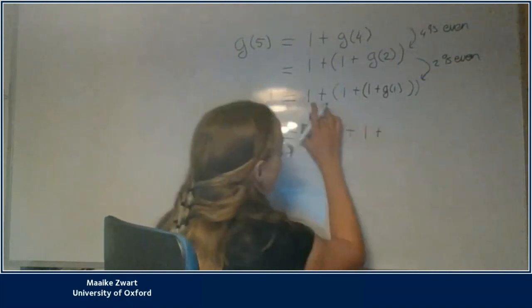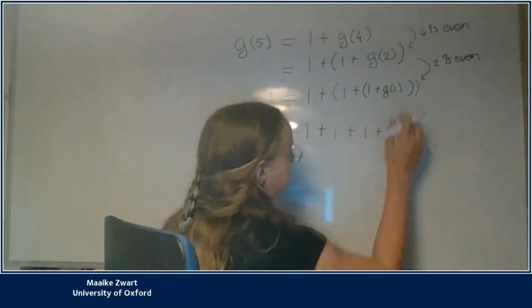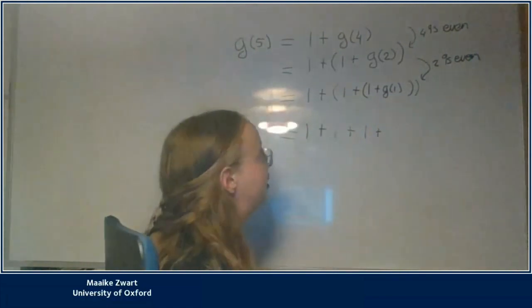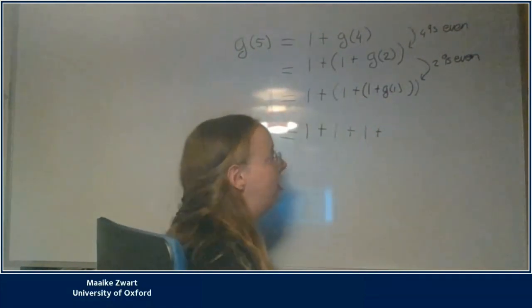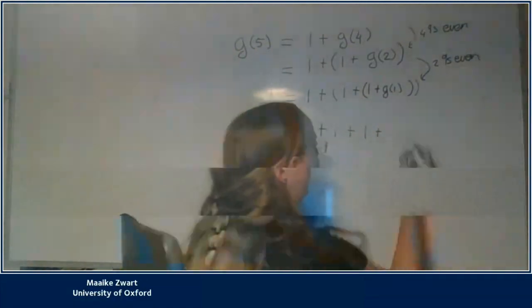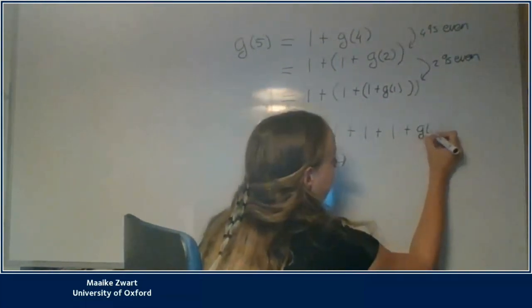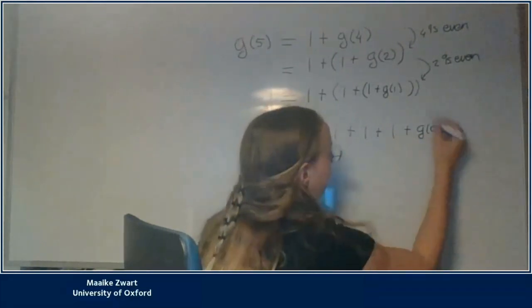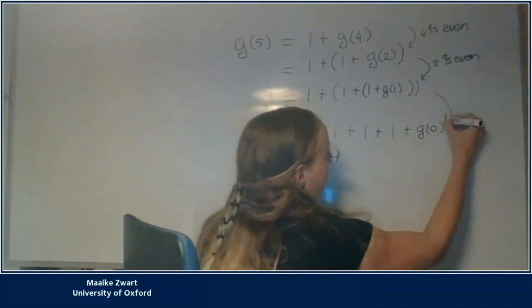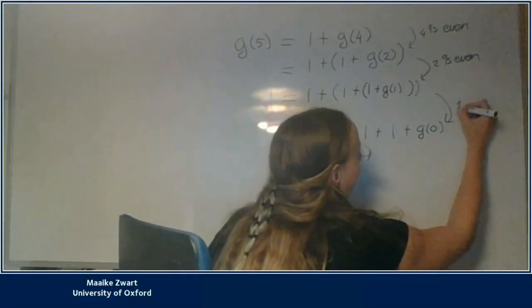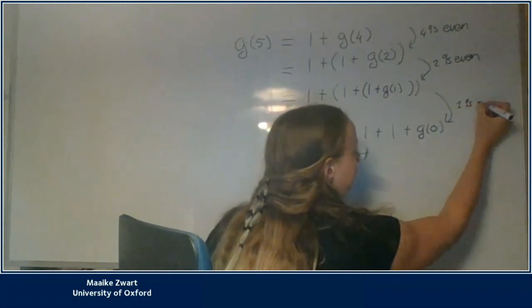1 plus 1 plus 1 plus 1 plus. And now it's g of 1. Well, 1 is odd, so that would give me 1 plus g of 0, because 0 is 1 minus 1. That is, 1 is odd.